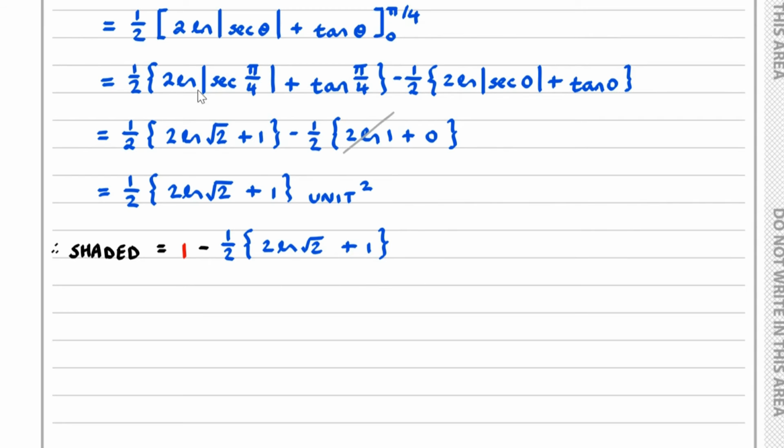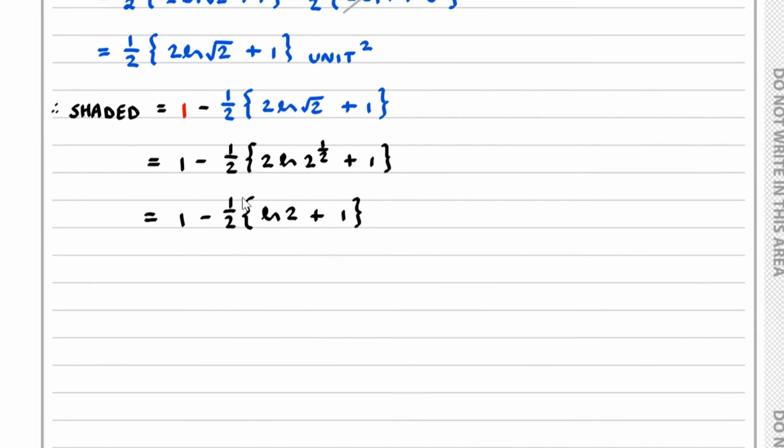And now we need to simplify all of this. So I've got 1 subtract 1/2 times 2 times the natural log of 2 raised to the power of 1/2, that's the same as square root of 2, plus 1. And if I use the power law of logs, 2 times 1/2 is just 1, so I've got the natural log of 2 plus 1 inside this bracket.